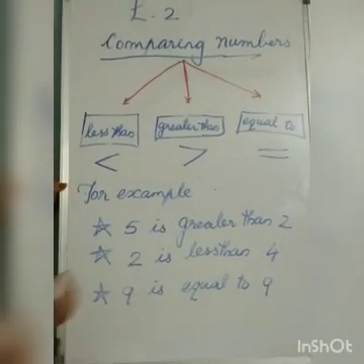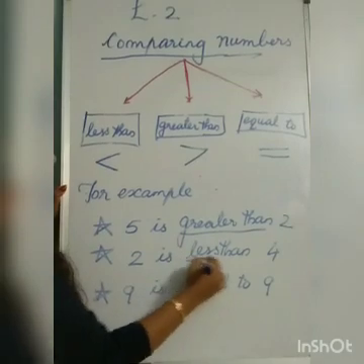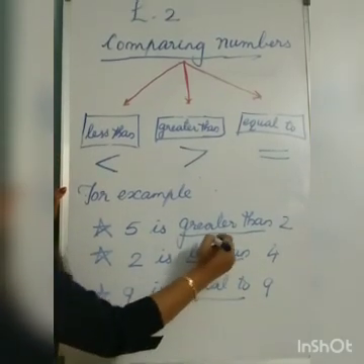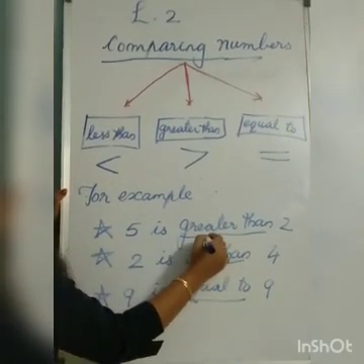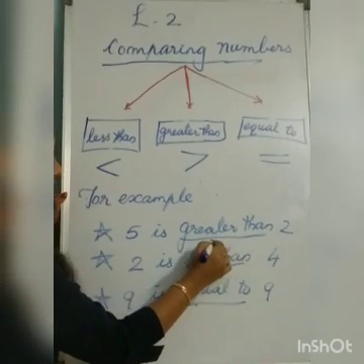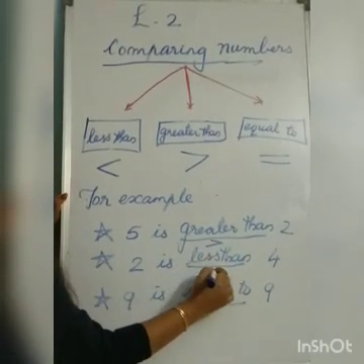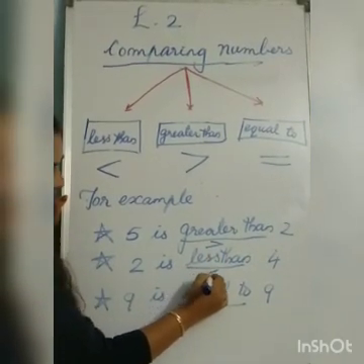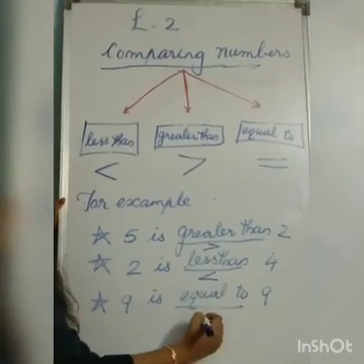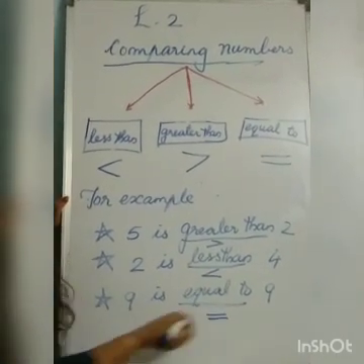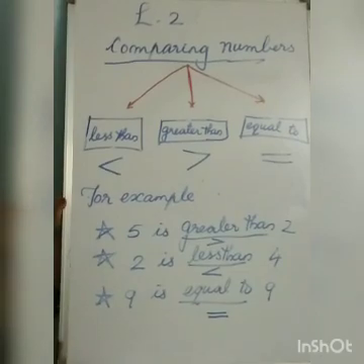Instead of this, we use symbols. 5 is greater than 2. 2 is less than 4. And 9 is equal to 9. Understood?